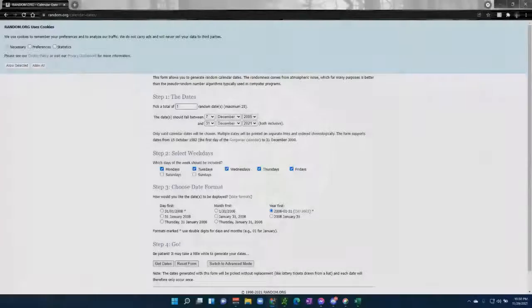So the same setup as before. Random stocks, a random date from December 7th, 2009 till today's date, which is the 29th of November 2021. We're going to pick one date from there.